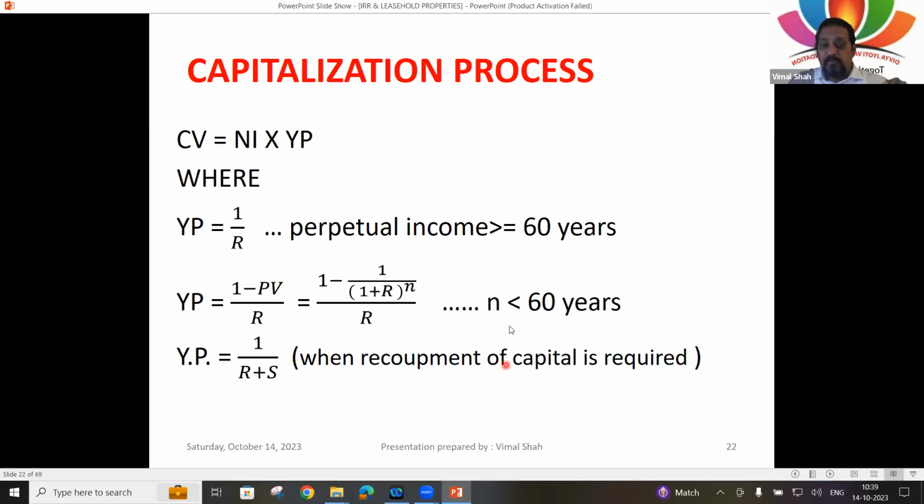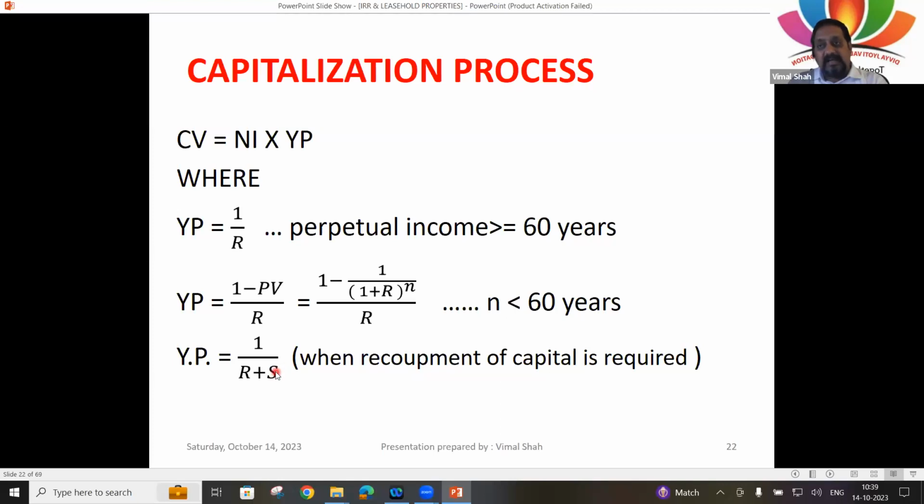We use this formula when the income from your property is for less than 60 years and recoupment of capital is not required. Then there is the third formula, YP dual rate, that is 1/(r+s). We use this formula for terminable income, where the income is for less than 60 years and recoupment of capital is required.